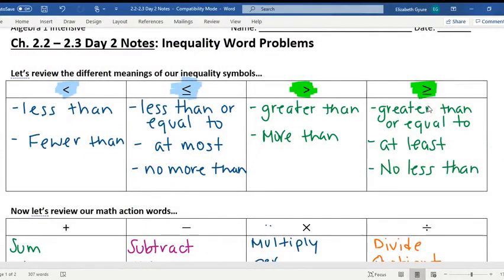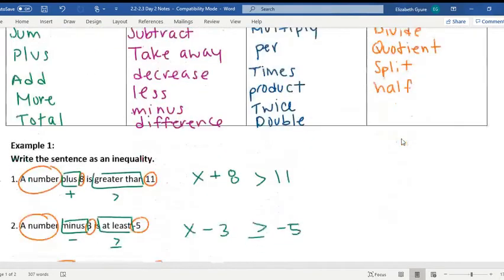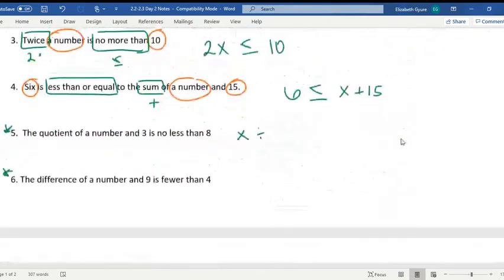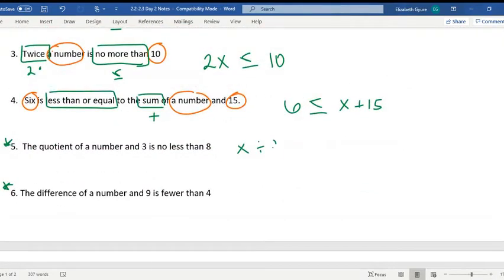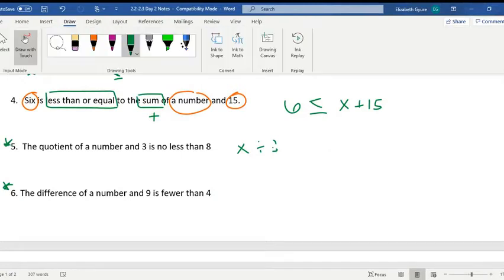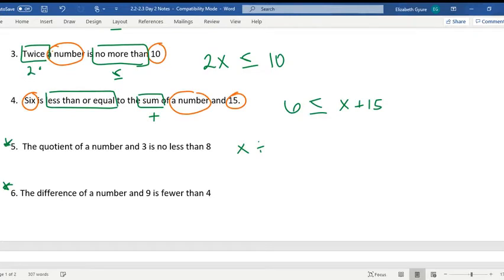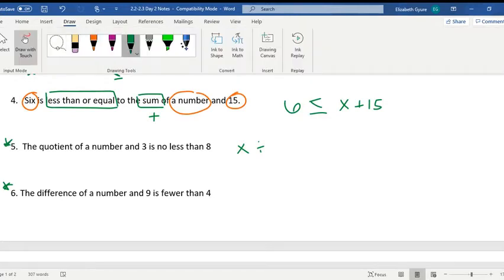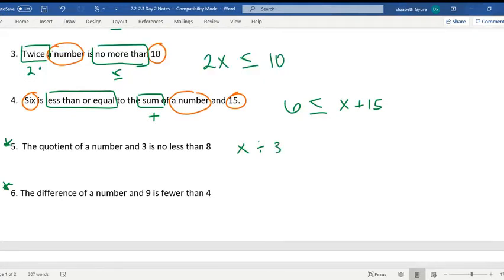It's the greater than or equal to sign. So x divided by 3 is greater than or equal to 8, because if you go up to your chart, no less than, think of it like, it's not less than, so it's greater than, right? So greater than or equal to 8. Good. Did we get that one right?